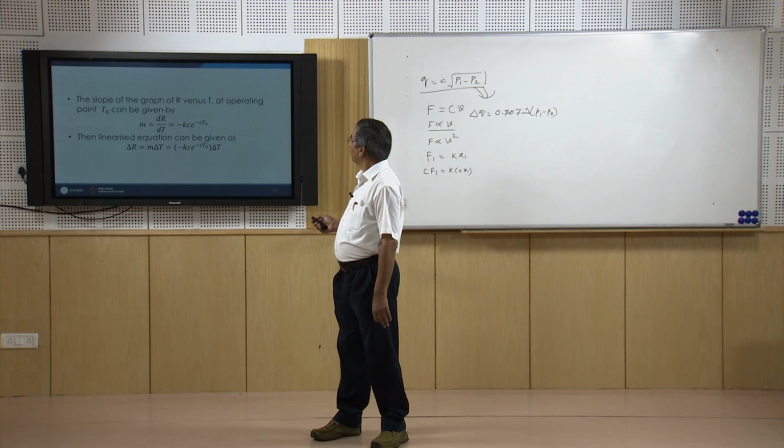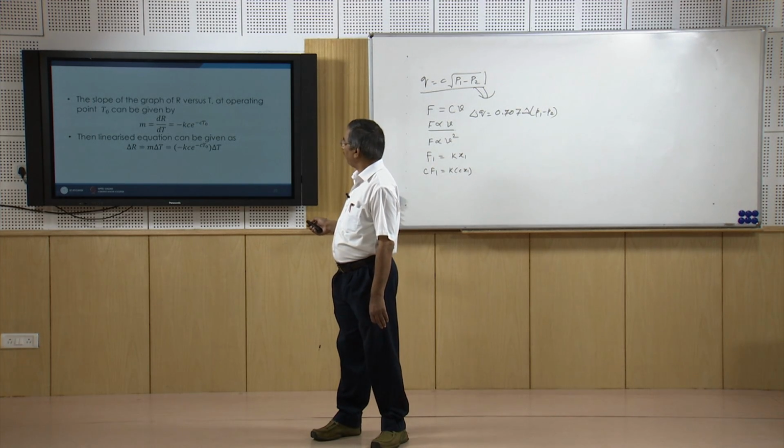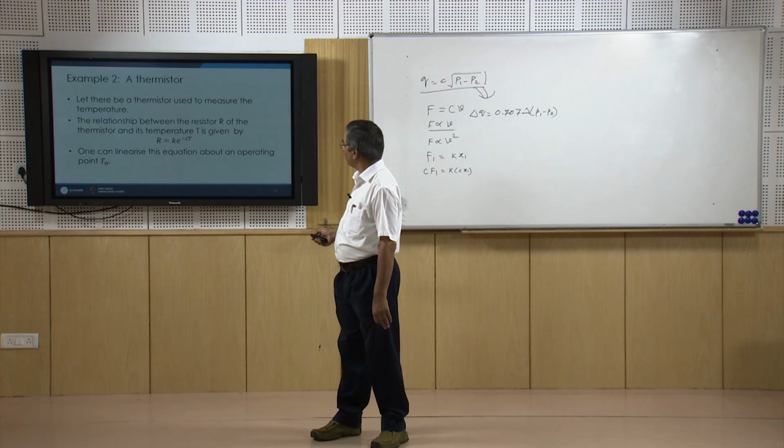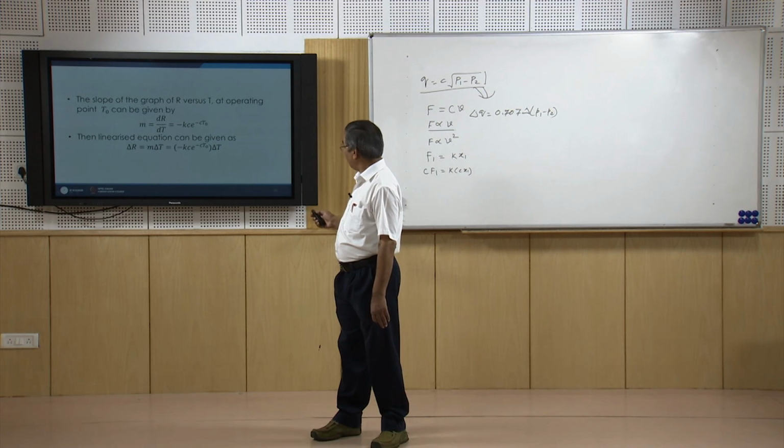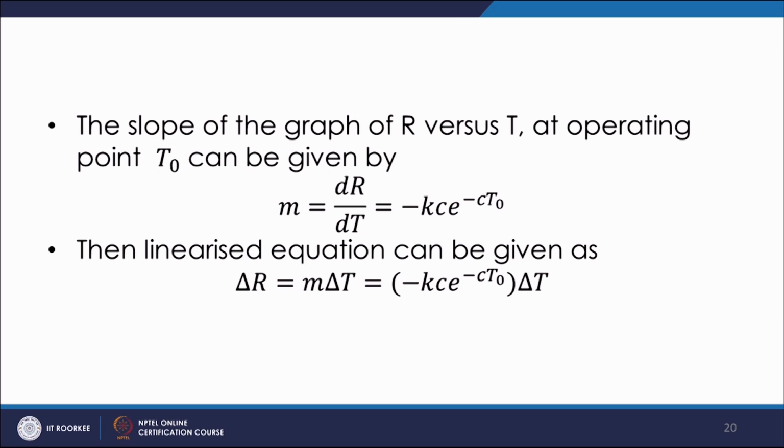Then the slope of the graph of R versus T at the operating point can be given by this one. That is, I just differentiate this previous equation, and I find dR by dT, the slope. Then the linearized equation can be given by del R is equal to m del T, as we have seen previously, and I can substitute the value of m from here.